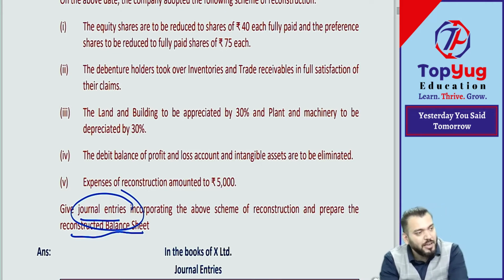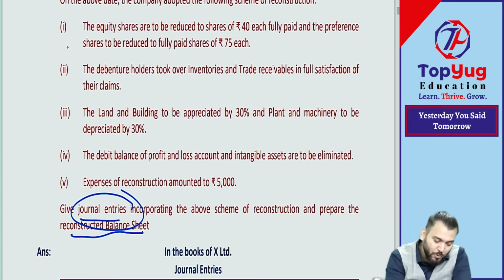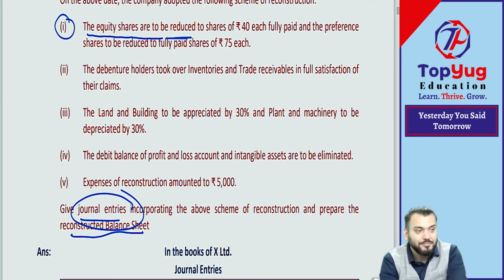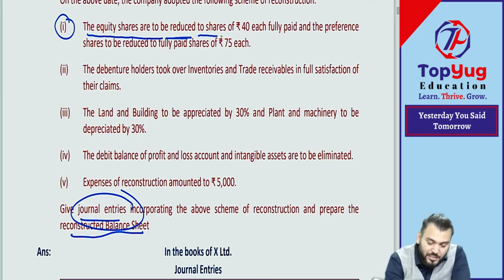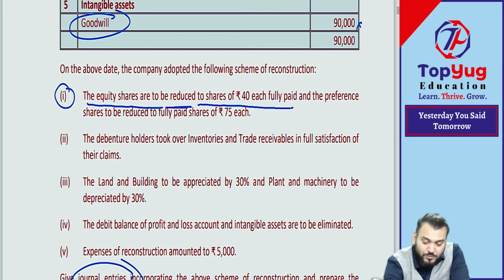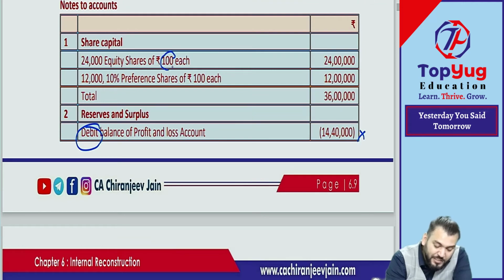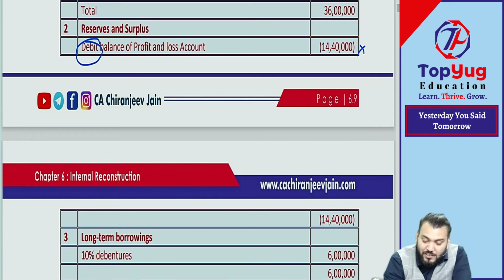Can we read point number 1 and do the journal entries? Correct. So point number 1: the equity shares are to be reduced to shares of rupees 40 each, fully paid up. They have given equity shares of rupees 100 each, so it is reduced to shares of rupees 40 each.